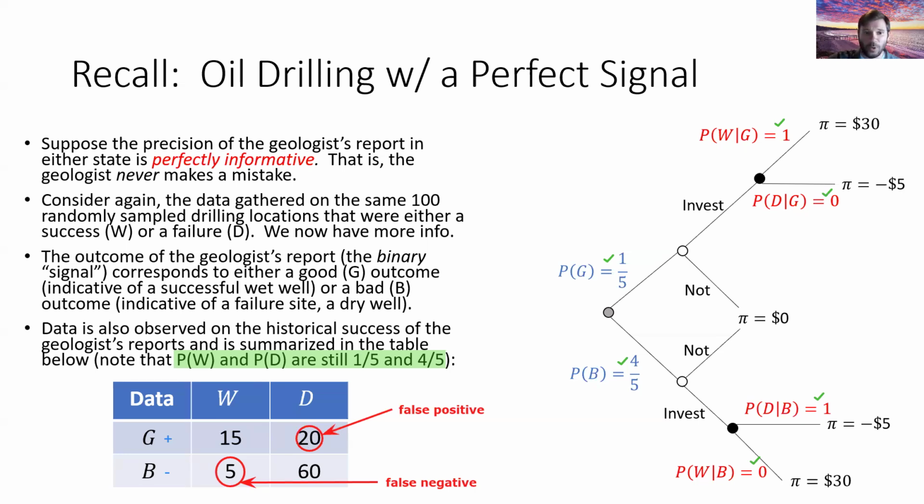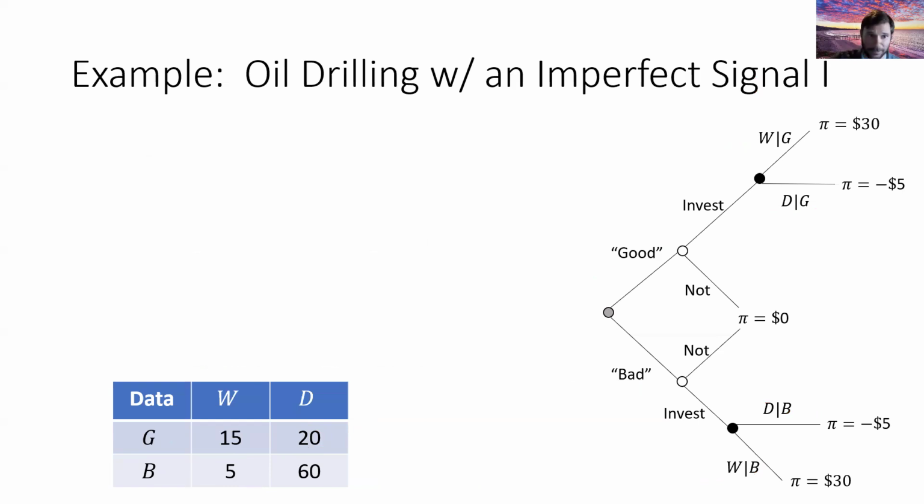Note that once we make this change here, we no longer have a perfectly informed geologist. We don't have a perfect signal anymore. We are specifically now dealing with a situation where we have signal imperfection.